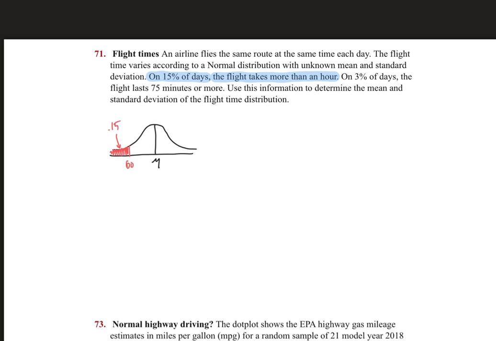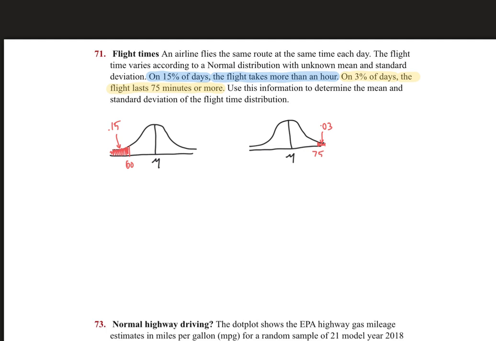And then for the other part, they say on 3% of the days, the flights last 75 minutes or more. So if we did a little curve for that, we don't know the mean, but on just 3% of the days, so pretty far over to the right, this area here is 0.03, and that's 75.